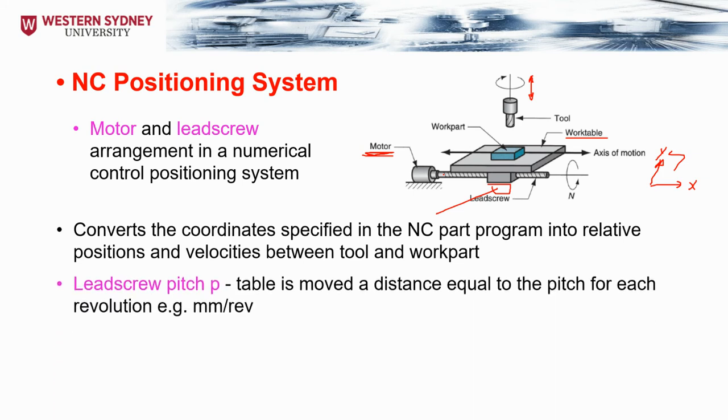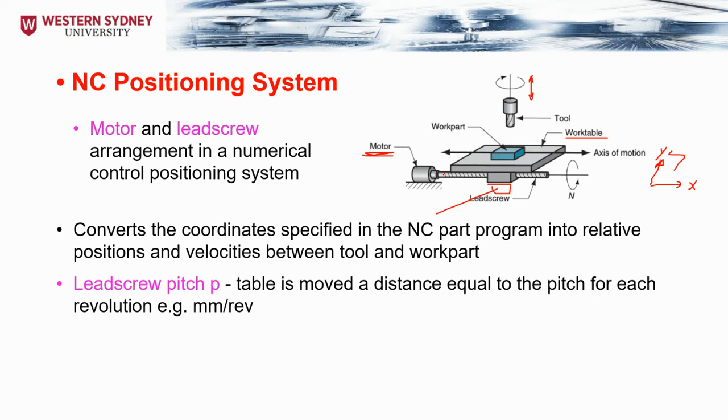The lead screw pitch value, or the p-value. You know that we have different types of screw. We have the coarse one and we have the smooth one. The pitch value is how many millimeters the screw moves in one revolution.